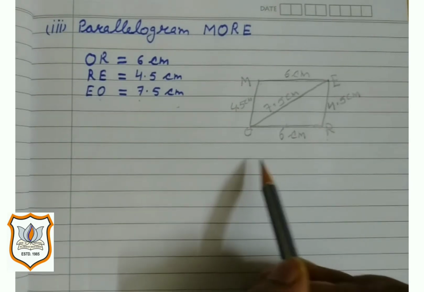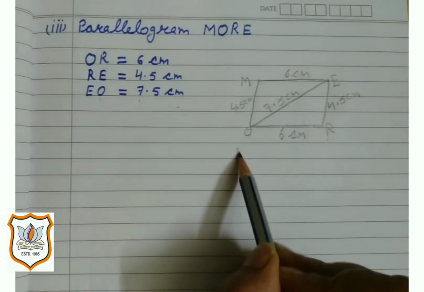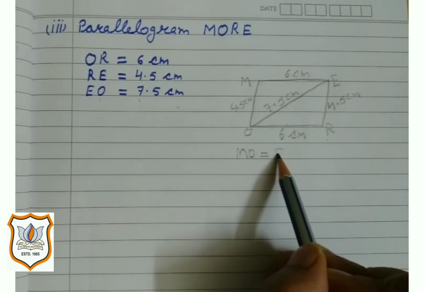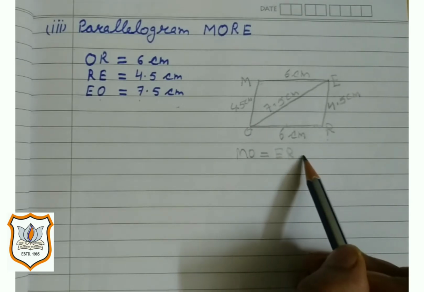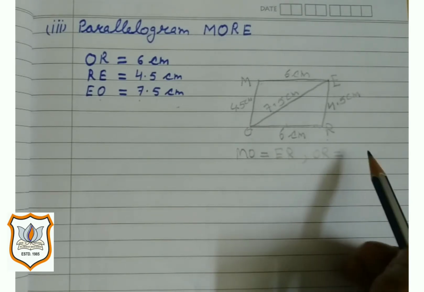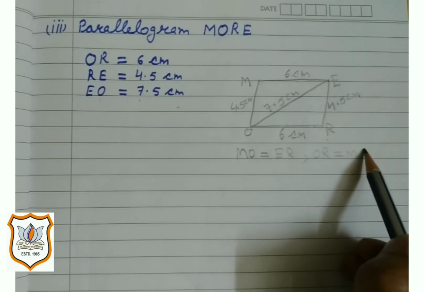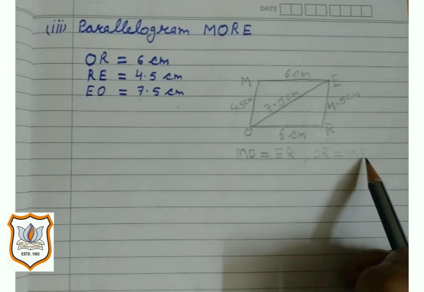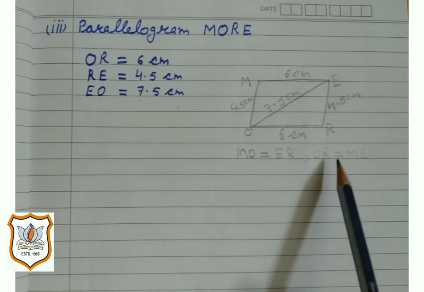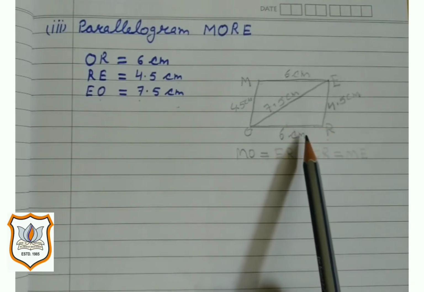And we will write here MO is equal to ER and OR is equal to ME. Clear students? Because these are the opposite sides of the given parallelogram.